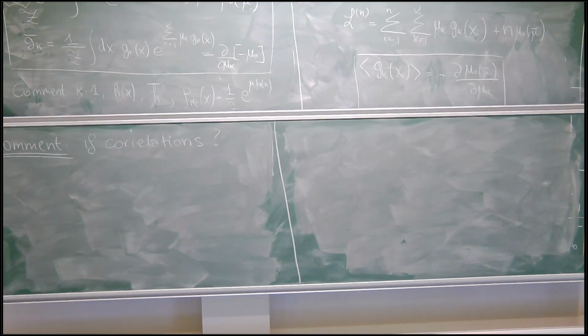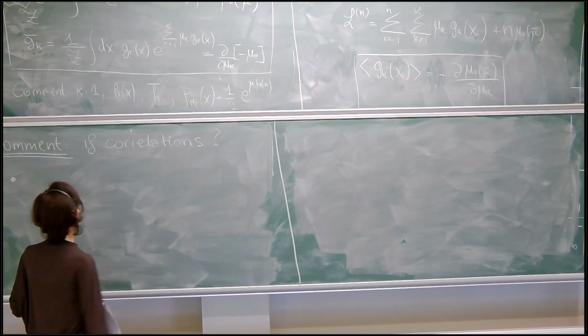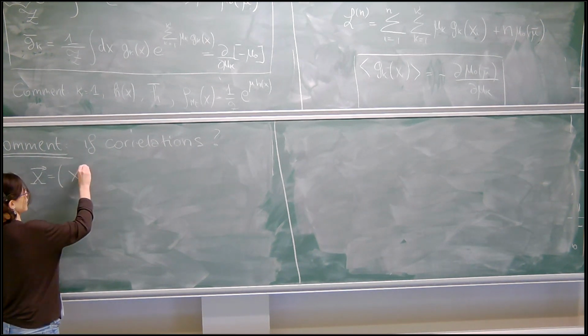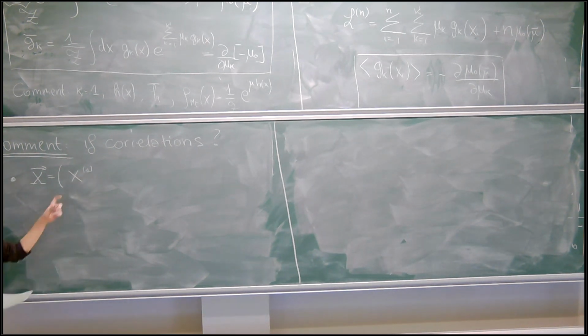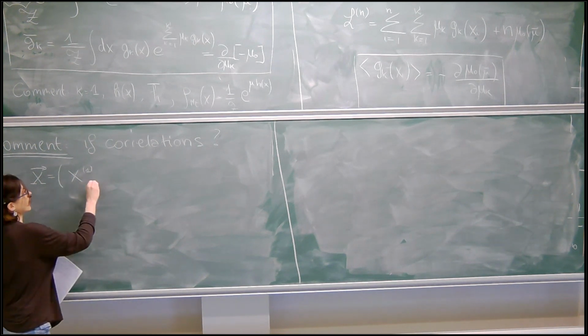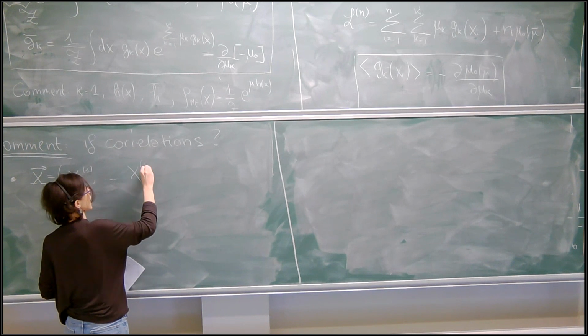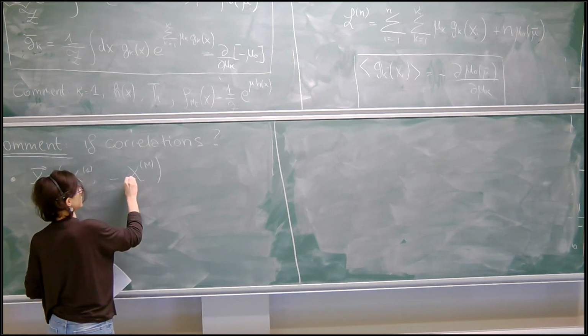So what is the setting in this case? We can assume that we have not just one random variable x, but we have more random variables. So let me collect them into a vector x. Now I label them with a superscript, and let's say that we have, I don't know, m of these random variables.